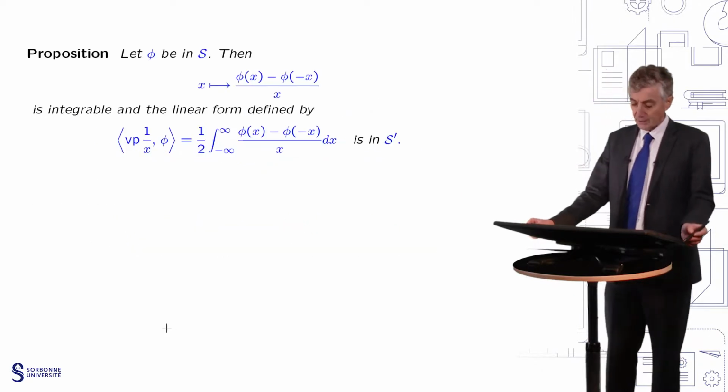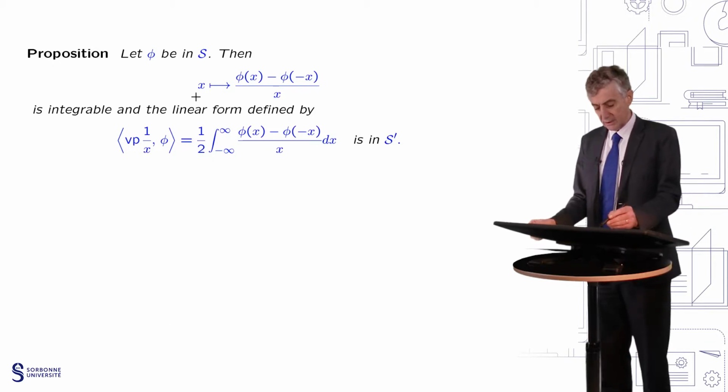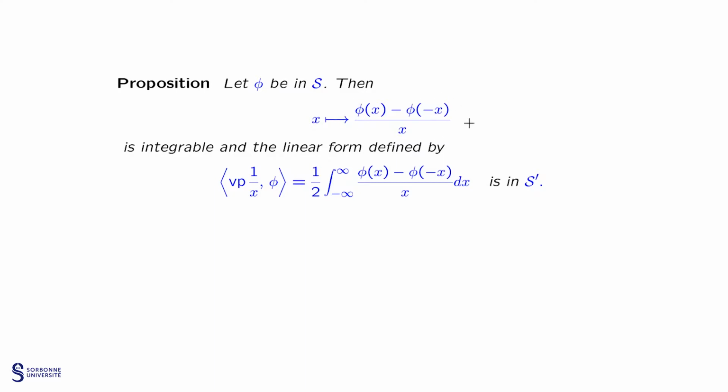So the examples we have in mind are really quite far away from functions, and the first one is the following. Observe first that the map that associates to x this ratio is integrable, and the linear form defined by this integral is a tempered distribution.